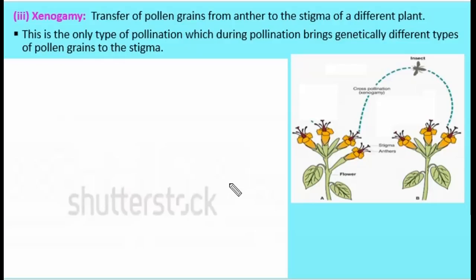You need to remember what chasmogamous flowers and cleistogamous flowers are, and you should be able to differentiate these three types of pollinations, that is autogamy, Geitonogamy and Xenogamy. We'll meet in the next video. Thank you.